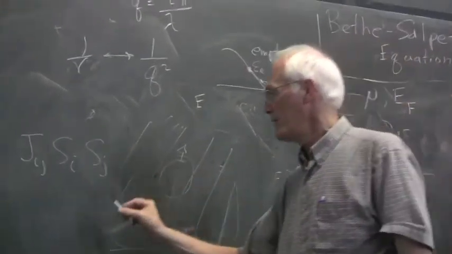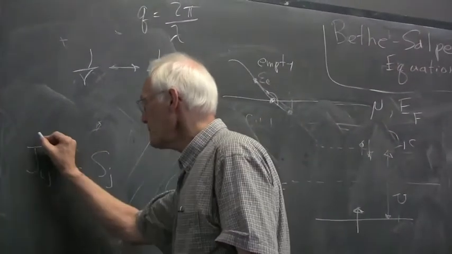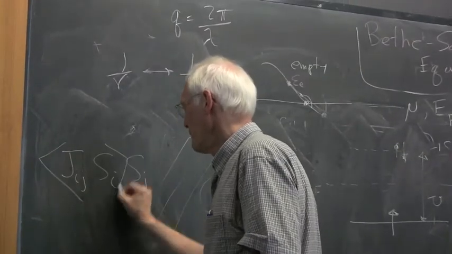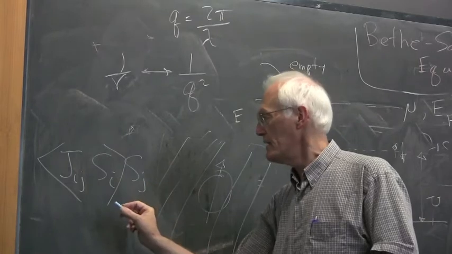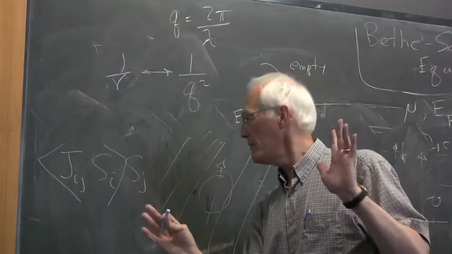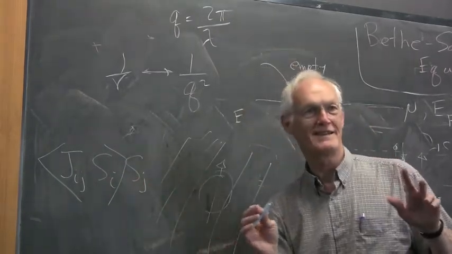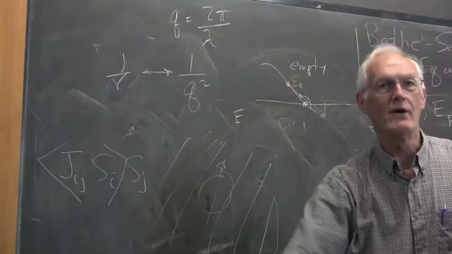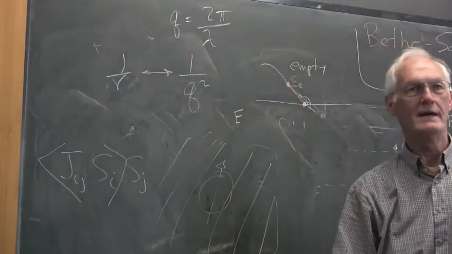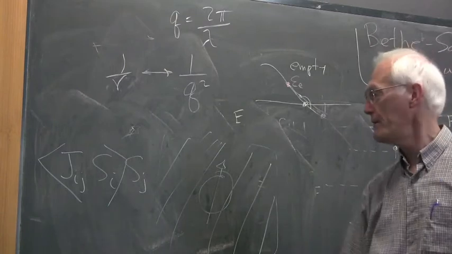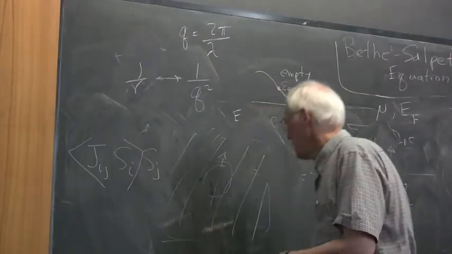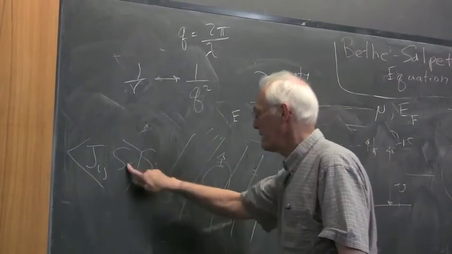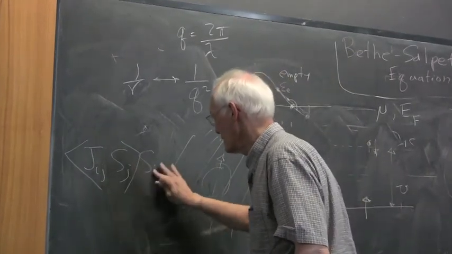And if you replace the effect on atom J by the average of all its neighbors, then that would be the Weiss mean field. Just the average of all the neighbors around, and consider that to be working on the central spin. Let's put J here and I there.